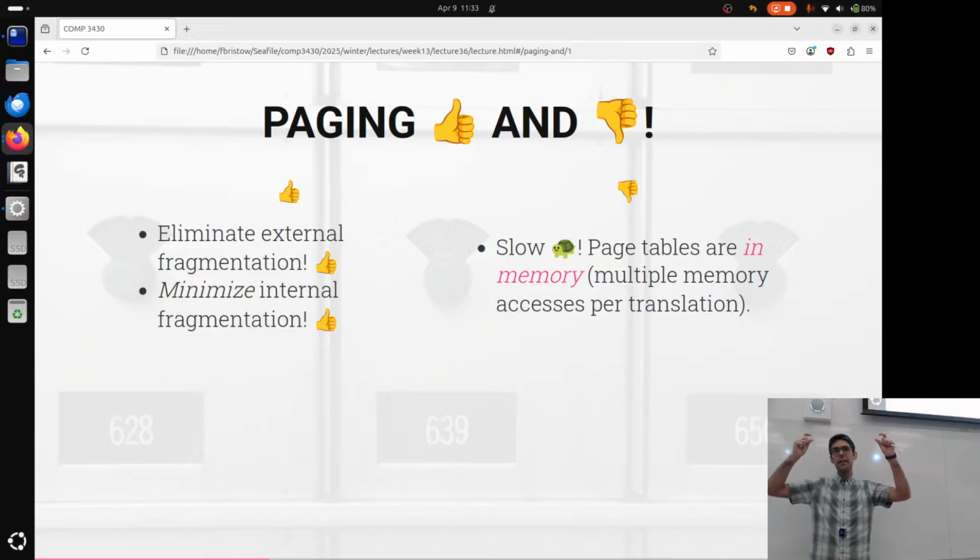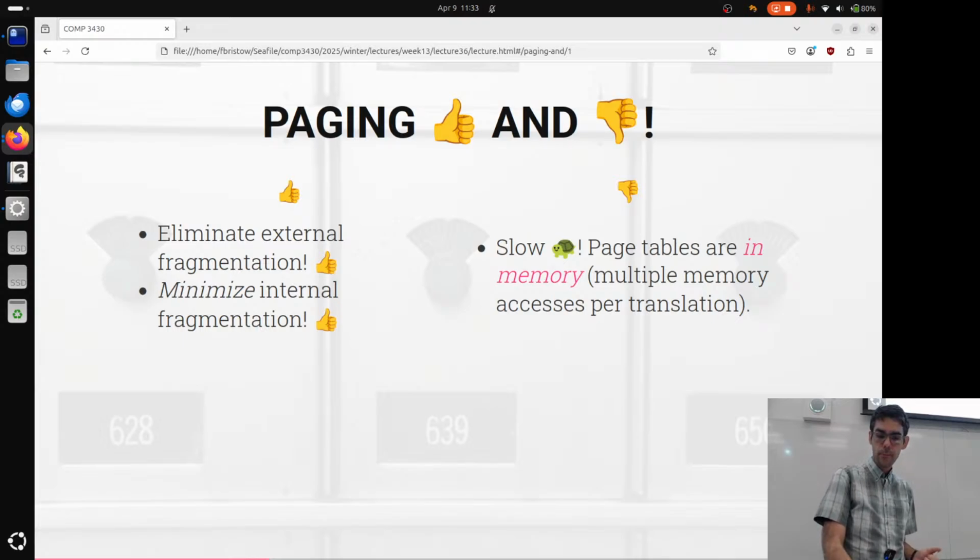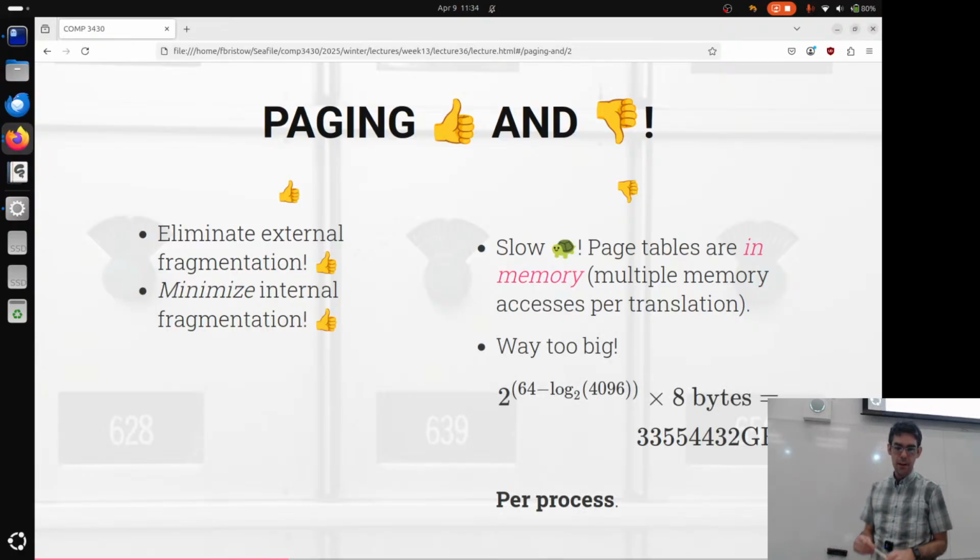The hardware is going to have to go to memory to translate virtual addresses into physical locations, and then it's going to have to go back to memory to the physical location to actually fetch the instruction that it's trying to load. This is a problem that's ultimately solved by using additional hardware to cache these translations. This is the translation look-aside buffer. But for now, we're just going to say this is a solved problem that we don't really have to worry about from the operating system's perspective.